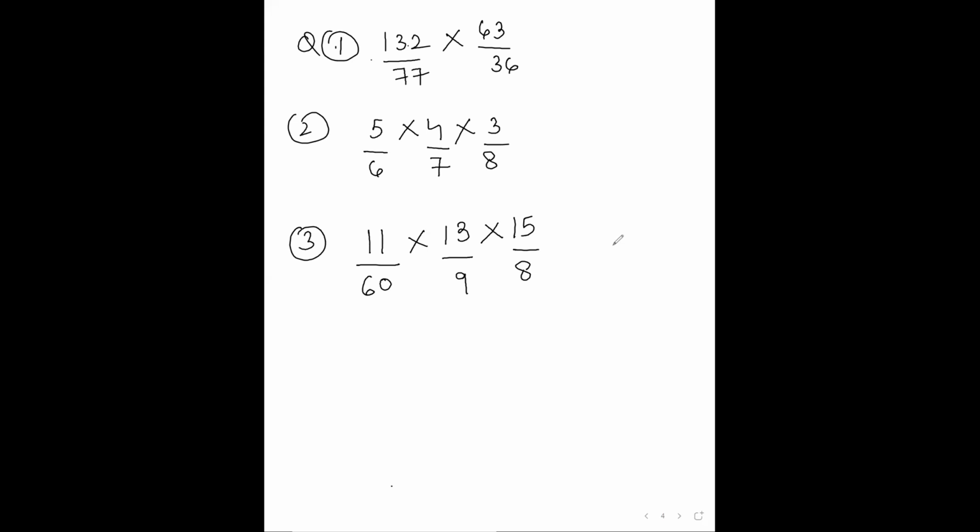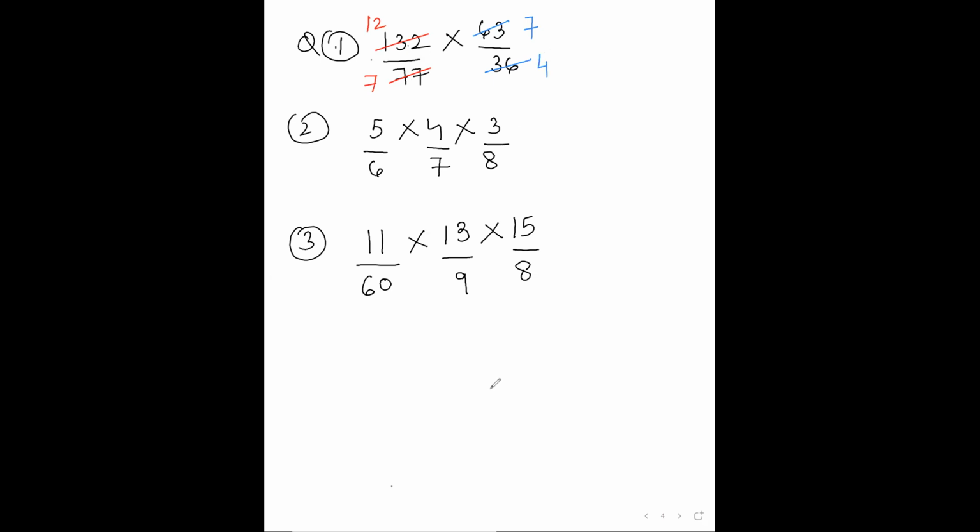Okay. How are we going to get 3? See, let me show you. 11 into 12 is 132 and 11 into 7 is 77. Fine. Now 9 into 7 is 63, and 9 into 4 is 36.